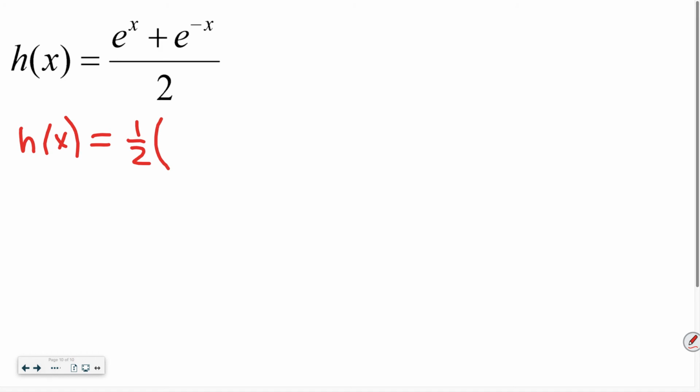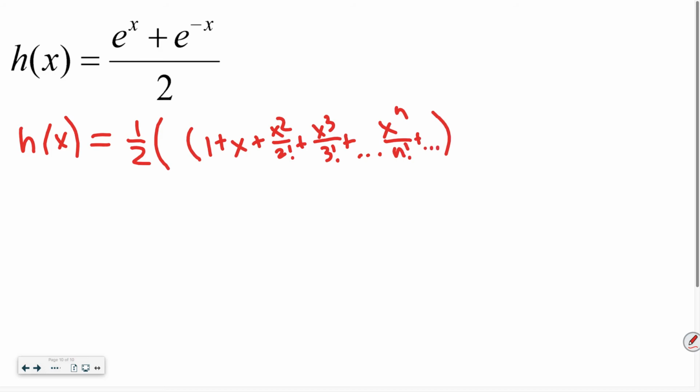Now, our series for e to the x we know to be 1 plus x plus x squared over 2 factorial, plus x cubed over 3 factorial, and so on.